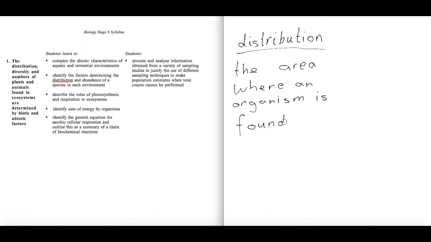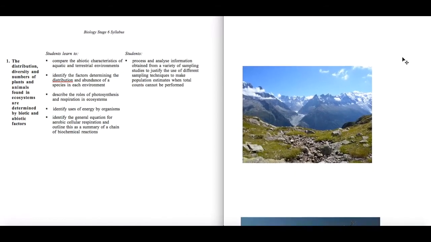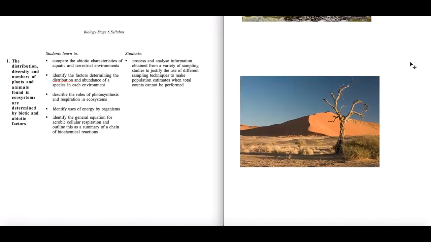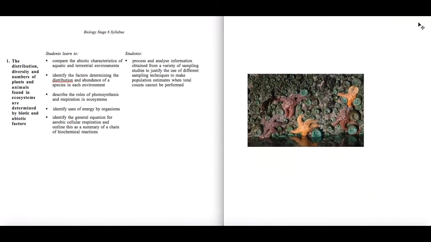Okay, so the key word is the area where an organism can be found. So for example, we could say that plants such as cushion plants are distributed in alpine areas. Okay, so this is an alpine area. In desert areas, there's rattlesnakes, which are distributed throughout the area. And also on rocky seashores, there's a distribution of starfish, for example.